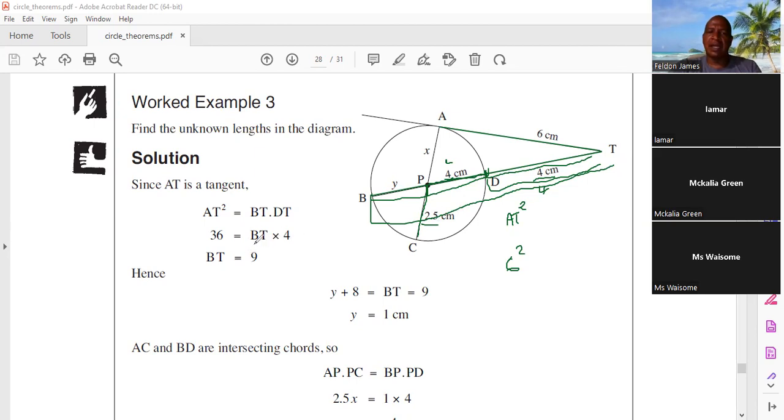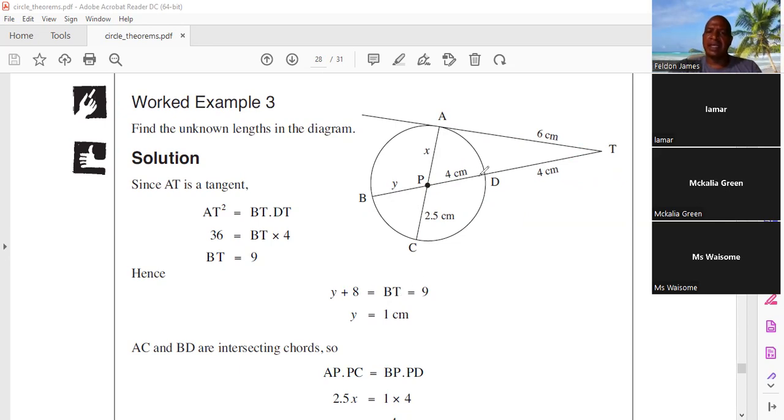So you can calculate BT if you divide both sides by 4. So this cancels with this. So BT equals 36 divided by 4, which goes 9 times. So BT is 9. So this entire length is 9. What they probably want you to find is what Y is.